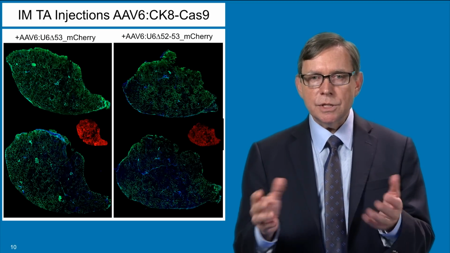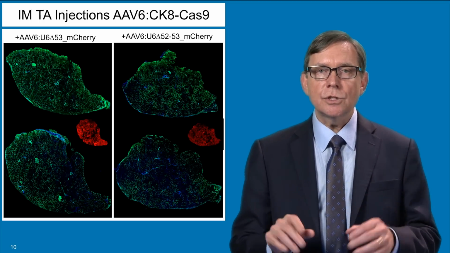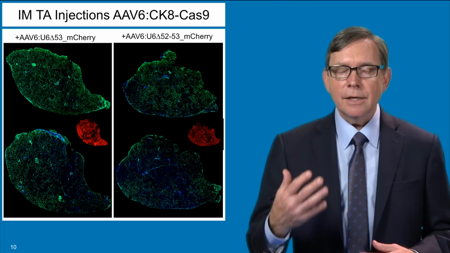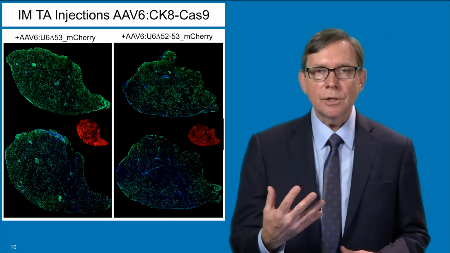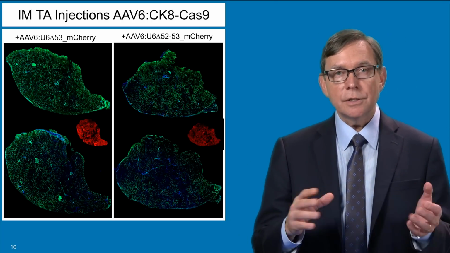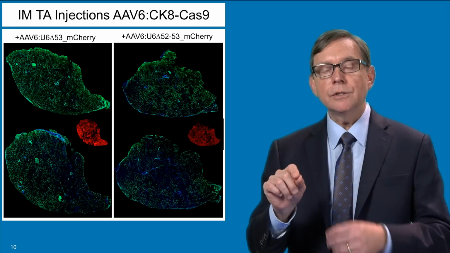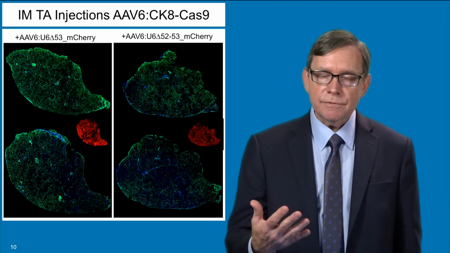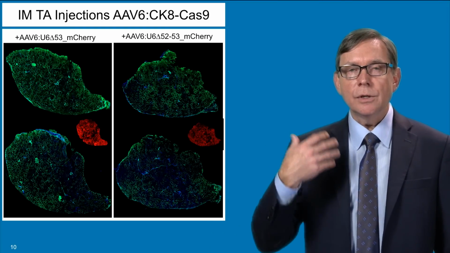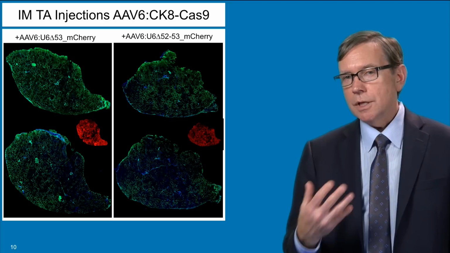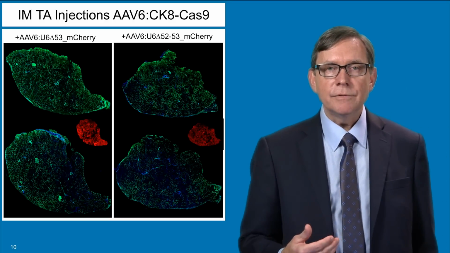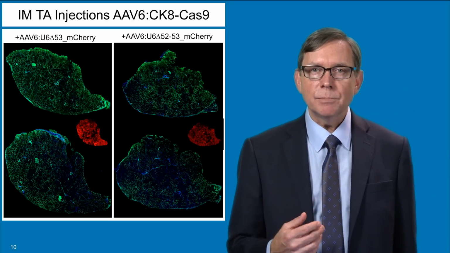So in all cases, we see a reasonably good distribution of the mCherry color, and that indicates that the vector is spreading throughout the muscle, although you may note that it's not spreading everywhere. A direct intramuscular injection approach is not as efficient as a systemic or an intravascular approach, but it's a lot easier to do, and we can get a lot of information more rapidly using this method.